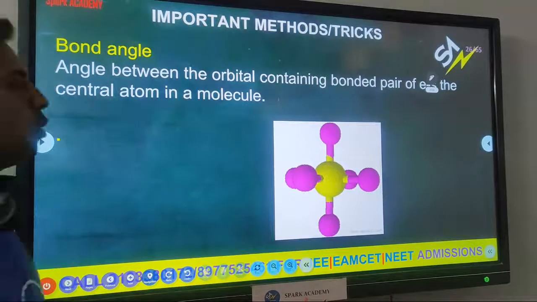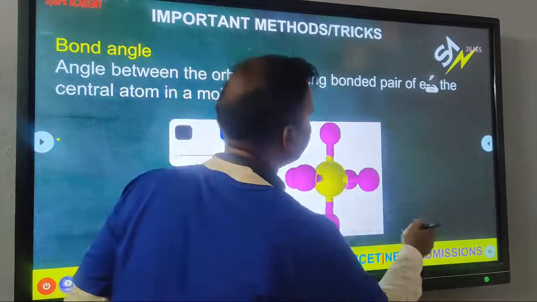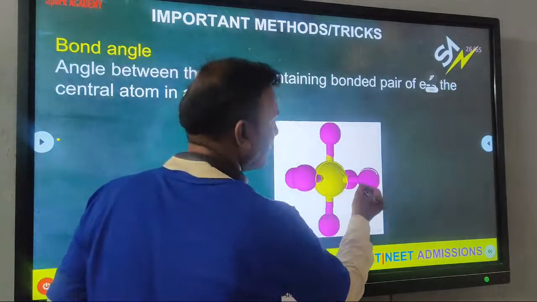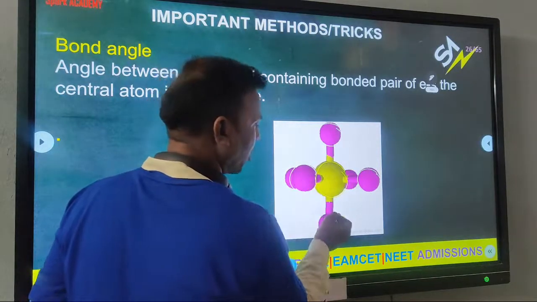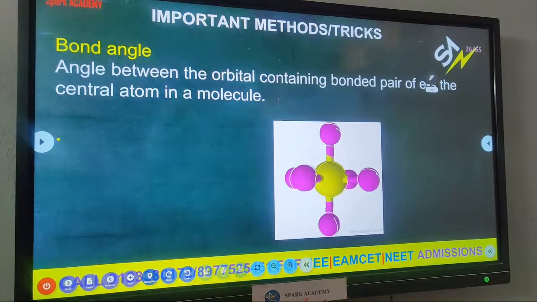See here, this is the middle, the central atom. This central atom is surrounded by many atoms, but we are seeing only 4 visible to our eye. The angle between the orbitals containing the bonded pair of electrons in the central atom in a molecule.